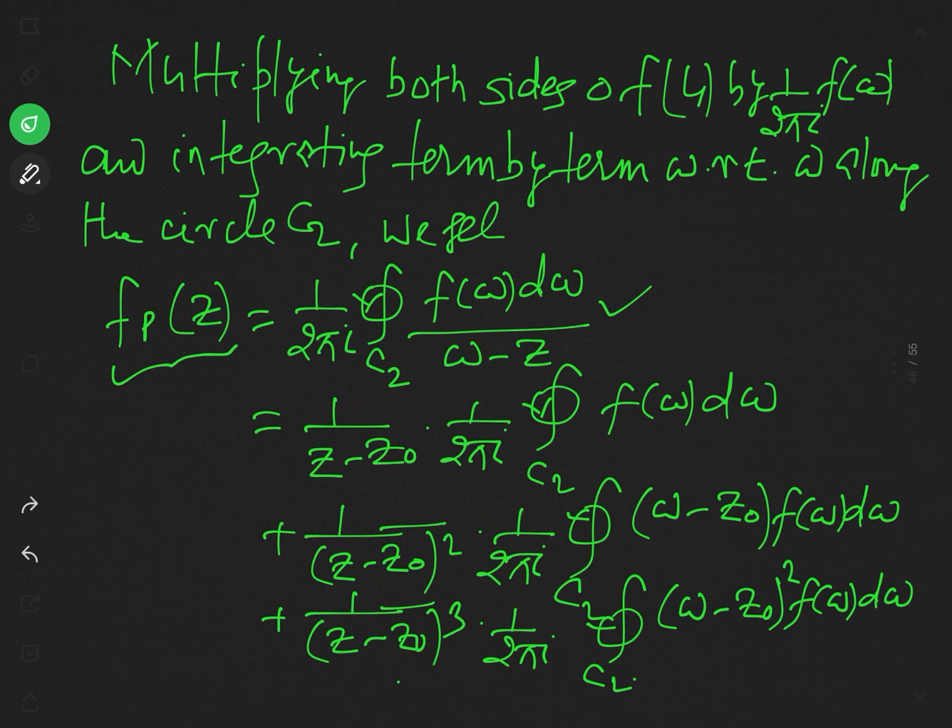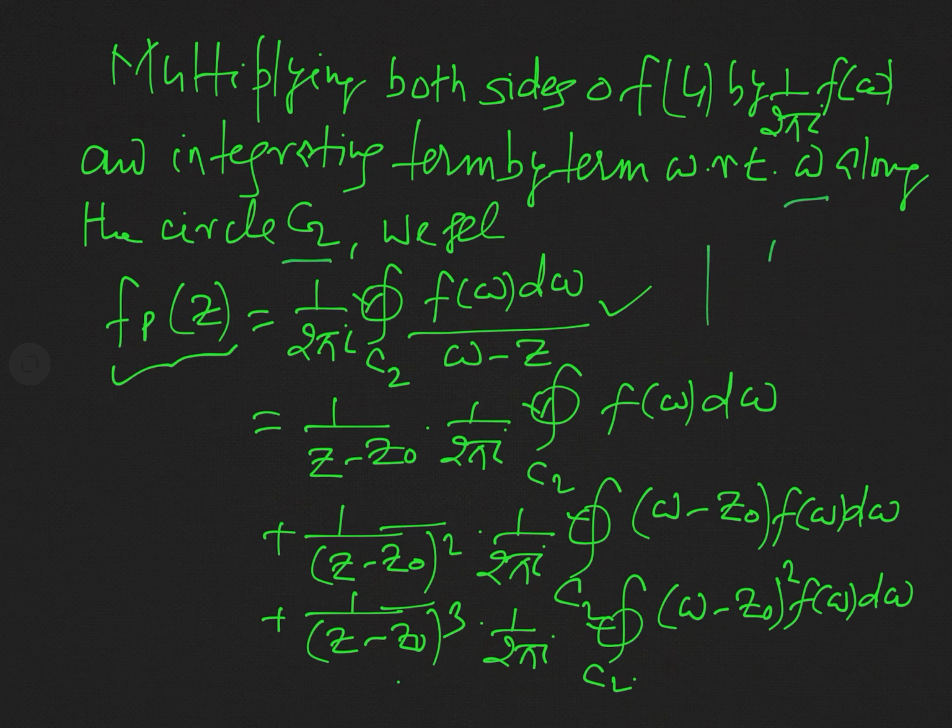Again, we will multiply this equation 4 by the same factor 1 over 2 pi i into f(w), and again we will integrate term by term with respect to w, but now we will integrate along the circle C2 in anti-clockwise sense.